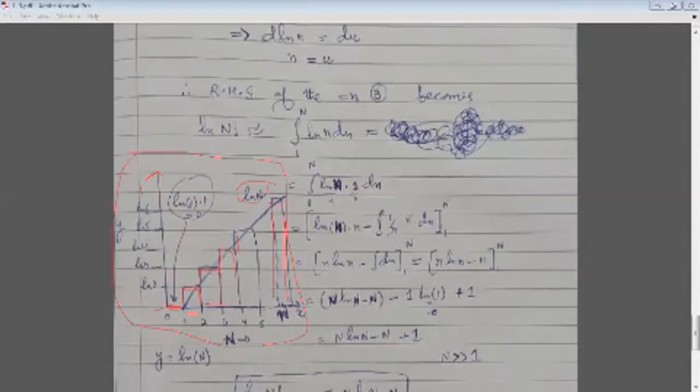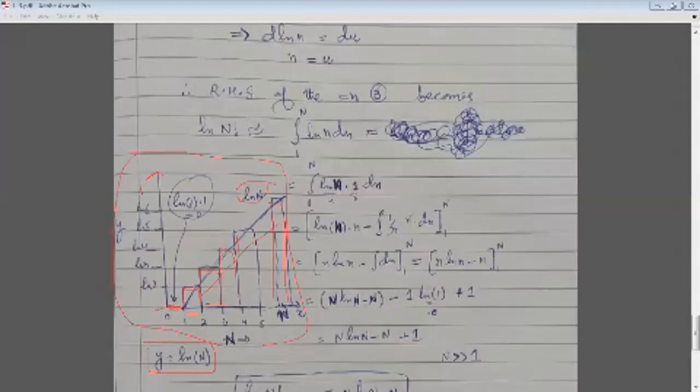Now I have to actually make a summation: I have to add the areas under these bars. But what is the better approximation? This is the general approximation, where I am plotting y with respect to n, with the formula y equal to ln of n. This is the function.